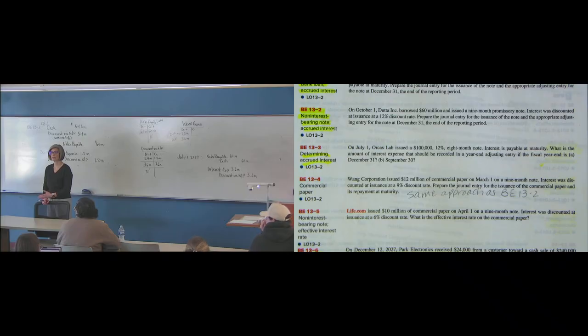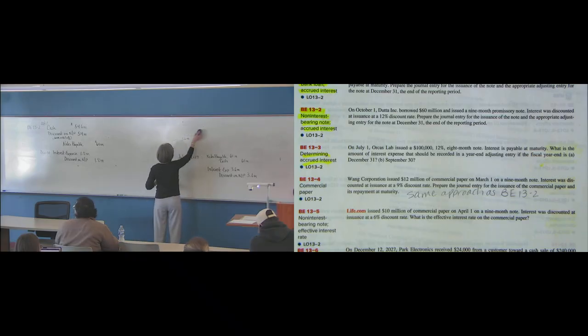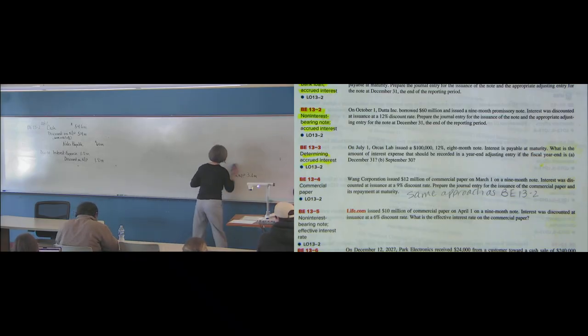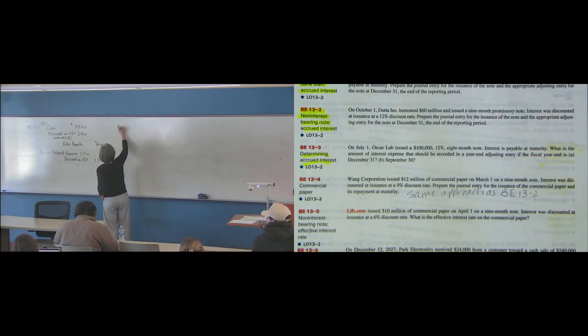But in Part A, the fiscal year ends December 31st. In Part B, it ends September 30. It doesn't ask for a journal entry, it just asks for a calculation of accrued interest. So you're just applying the interest calculation that we just talked about. So go ahead, see what you come up with there, and then we'll move on. All you gotta do is use the formula.